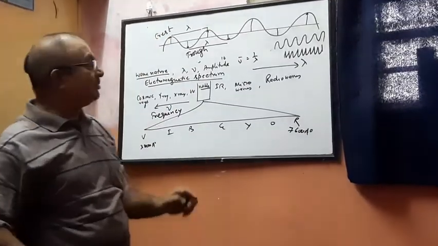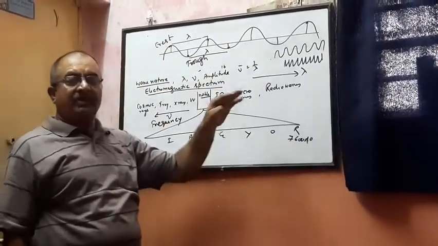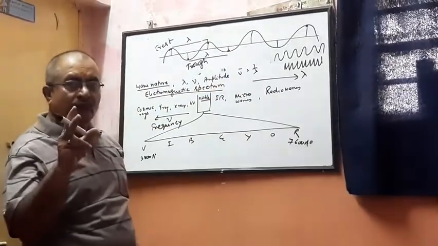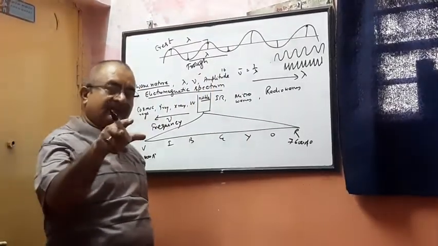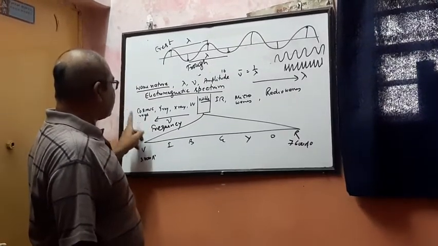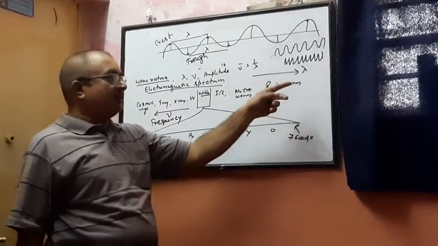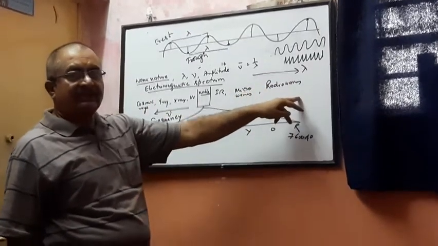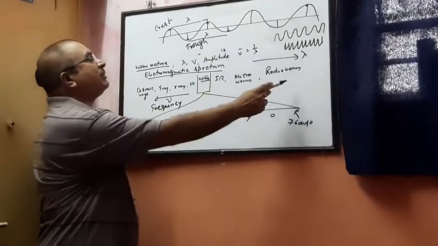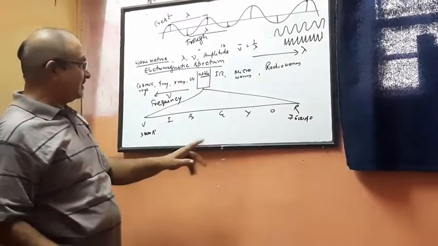Any problem? Here itself I told you that when wavelength is increasing, frequency is decreasing. From cosmic rays, gamma rays to radio waves, wavelength is increasing and frequency is decreasing. But when we come from radio waves towards cosmic rays, frequency is increasing and wavelength is decreasing.